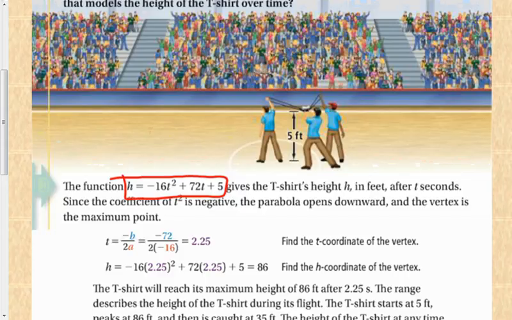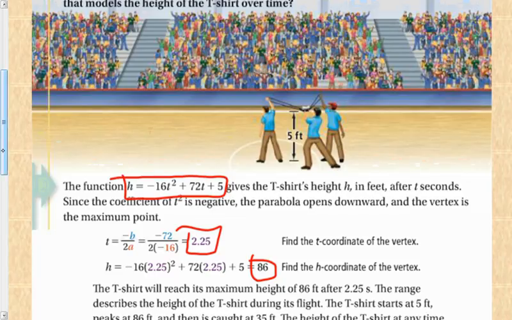All right, if we use minus b over 2a, our t value, our time, for our vertex and our axis of symmetry, will be 2.25 when we plug it in. And then the height at that time, if you plug that in, would be 86. Meaning, at its highest point, it's going to be 86 feet, and it'll take 2.25 seconds to get there.